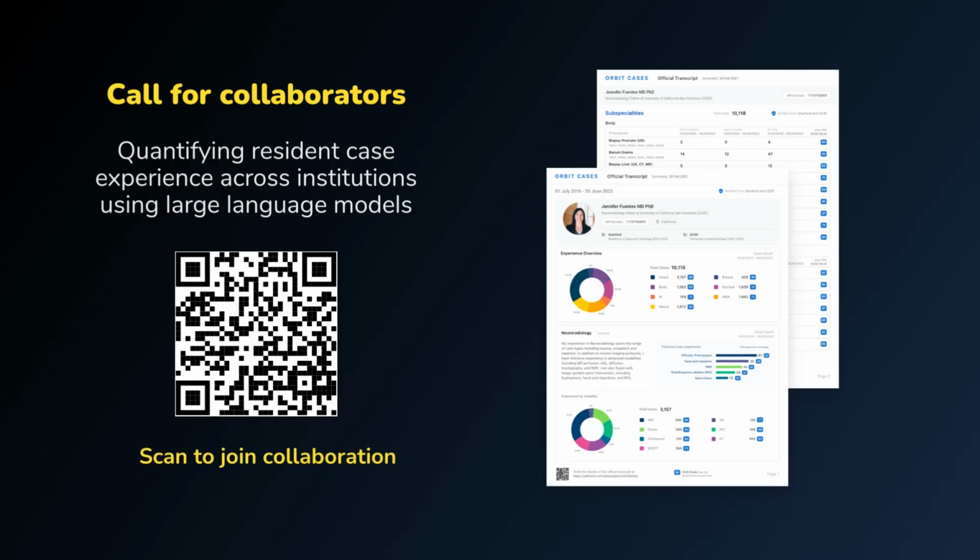Now, if you've heard about ChatGPT, we're also opening up a call for collaborators today. And that will combine the power of large language models with case analytics to reveal detailed insights on how case experience varies across institution types. Now, if you wondered where your institution ranks versus other similar sized programs in terms of case volume, this is your chance to find out.